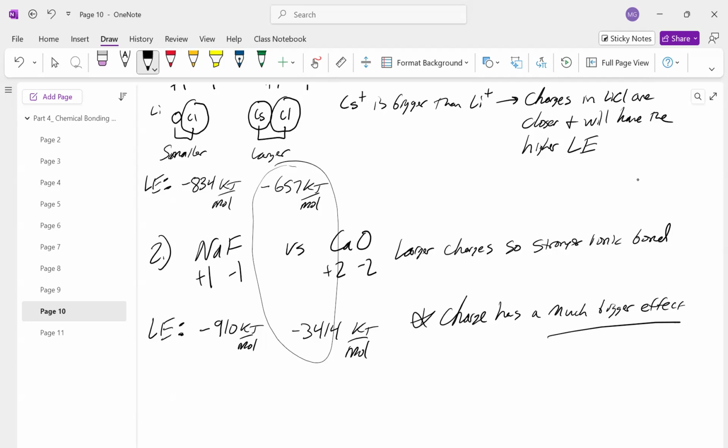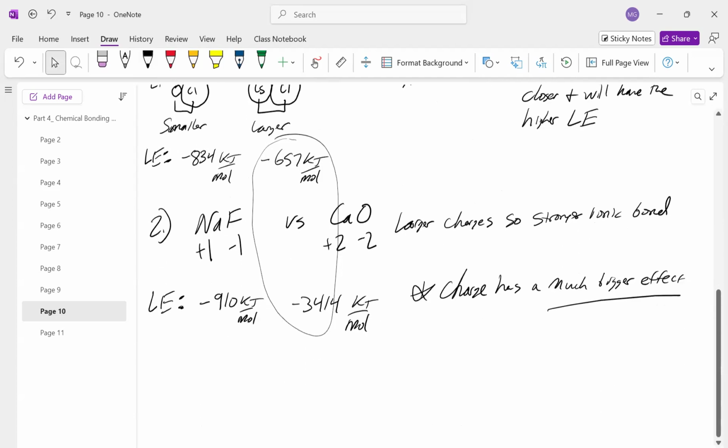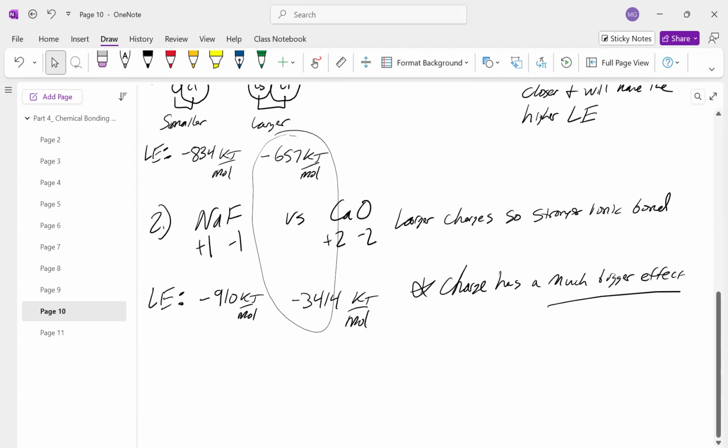So if you come up against a problem where there's a difference in charge and a difference in size, go based off of charge. So you always start with charge first. If the charges are equal, like in our first example, then you compare size. If the charges aren't equal, then that's where you stop. You just compare which charges are bigger, and that's where you stop.